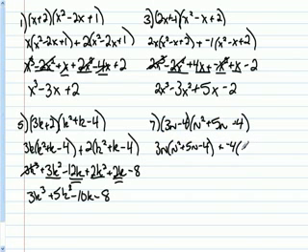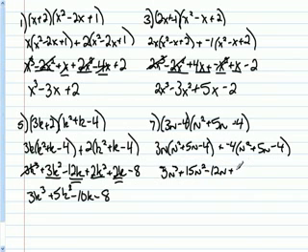And I have negative 4 times n squared plus 5n minus 4. 3n times n squared is 3n to the third. 3n times 5n is 15n squared. 3n times negative 4 is negative 12n. Negative 4 times n squared is negative 4n squared. Negative 4 times 5n is negative 20n. Negative 4 times negative 4 is positive 16.